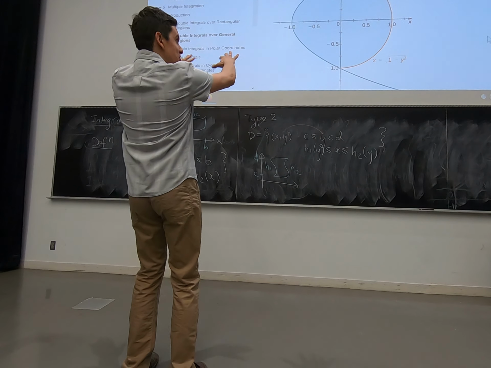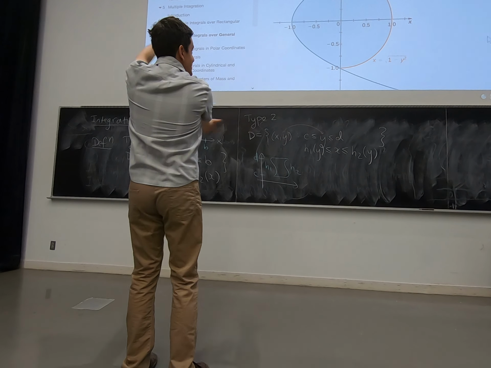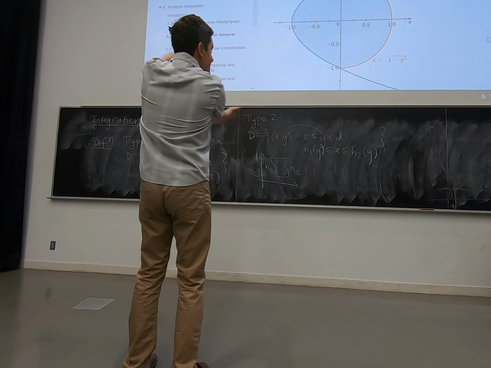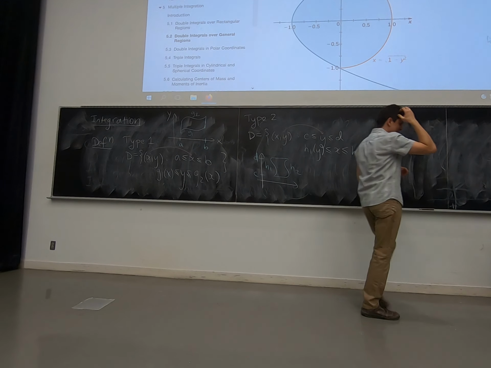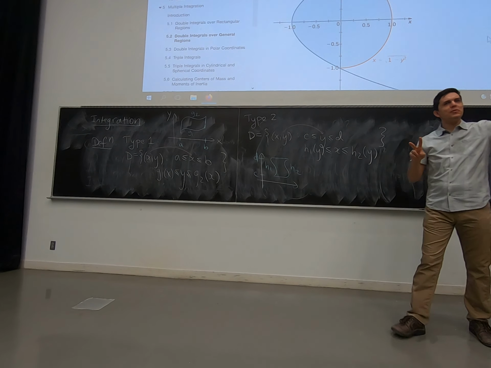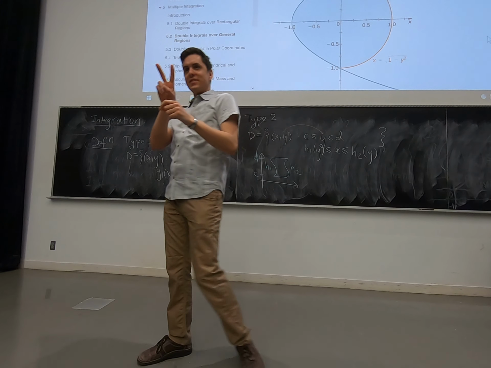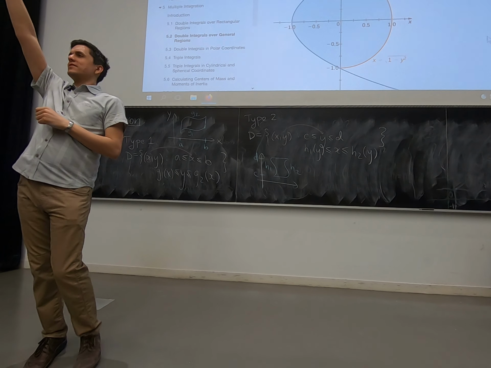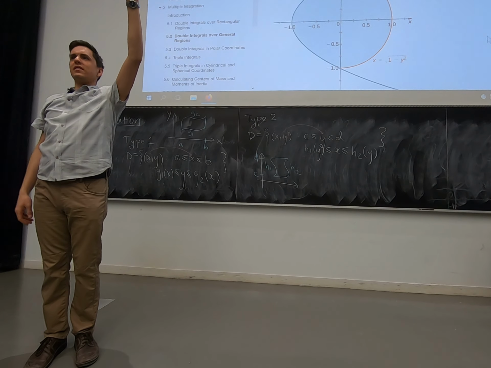Get the hands out to do some kind of gesture. I'm getting a couple peace signs, a couple type 2s. Anyone think it's type 1? Hands up for type 2. Hands up for type 1.